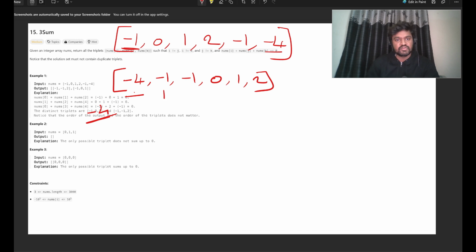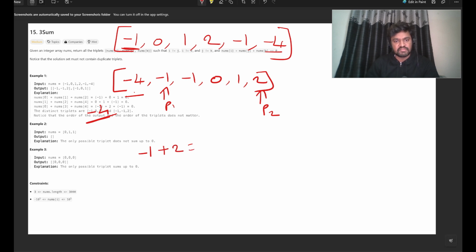So I'm going to take one pointer here and another pointer at the extreme smaller number, right? Minus 1 is p1 and p2 is 2.